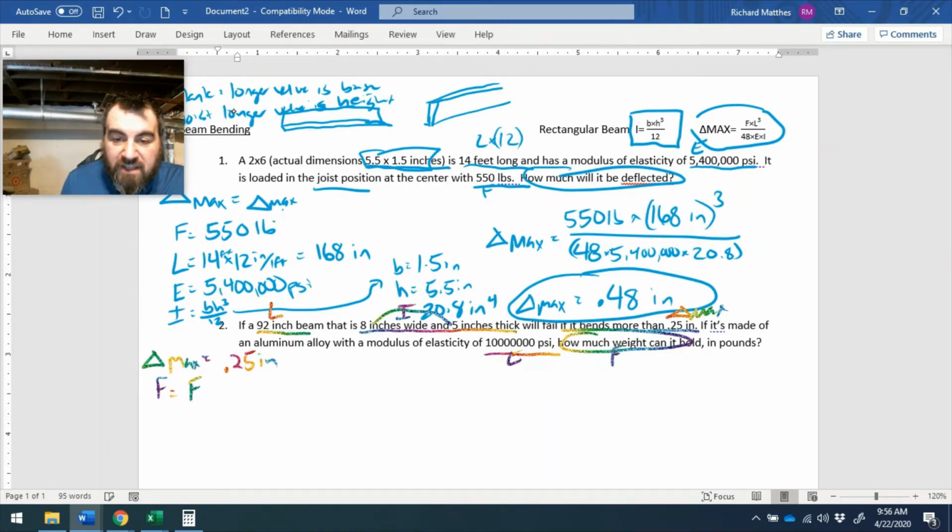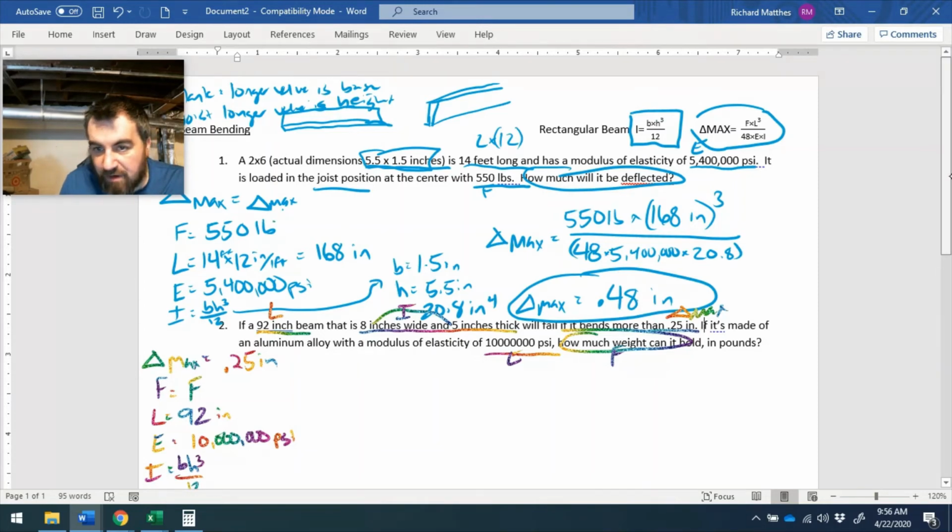How much weight, that's our F. L equals 92 inches. E is 10 million psi. And I is, well, we've got to find that, but that's going to end up being BH to the third over 12. Okay, I'm going to move this down a little bit.